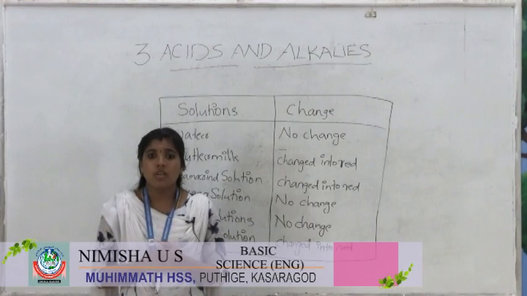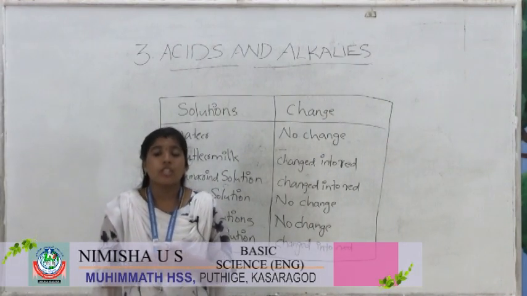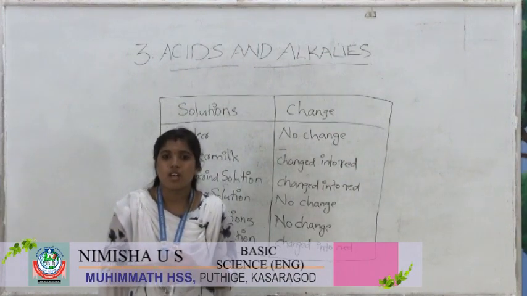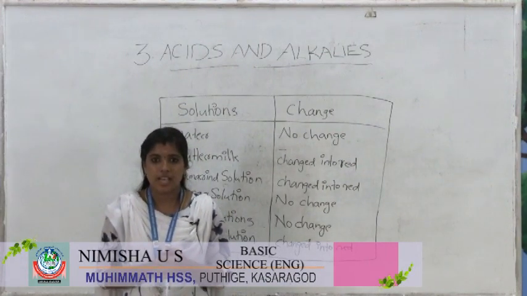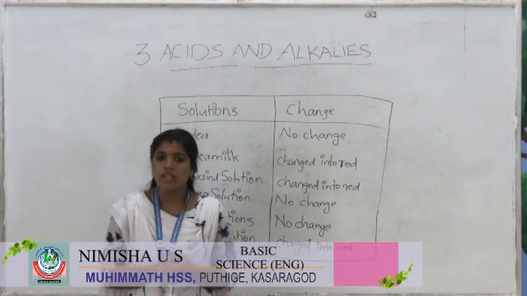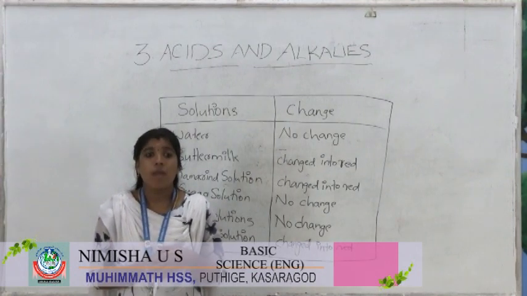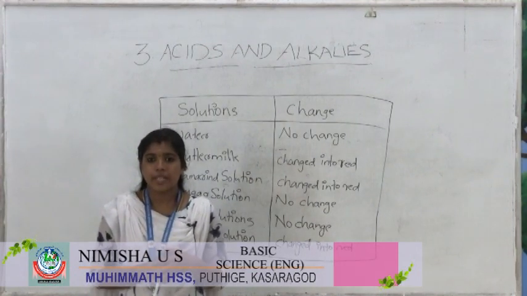The sour tasted compounds are known as acids. There are two types of acids, the weak acids and the strong acids. The weak acids are present in the food materials.